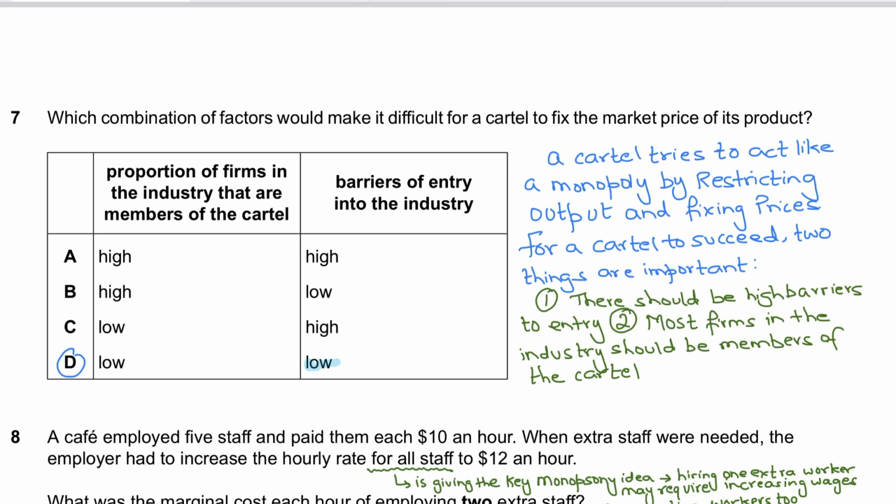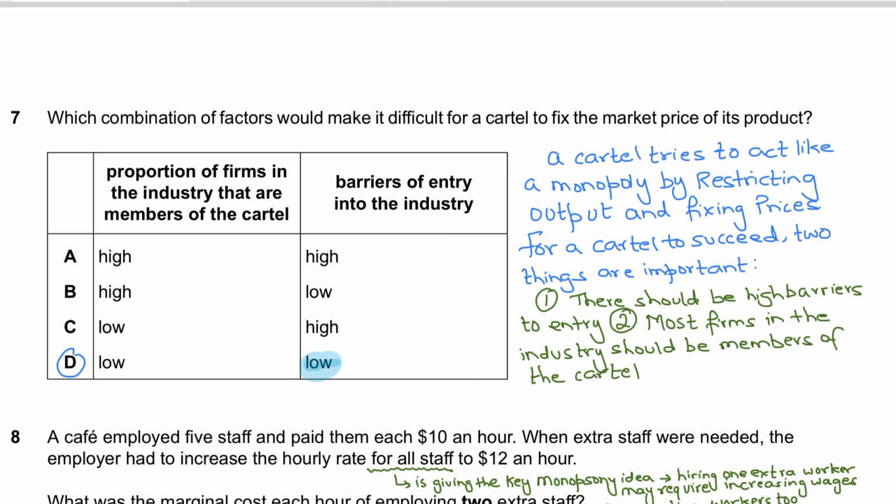And this weakens the cartel's control or dominance over the market price, which the cartel had set initially. So that is why the barriers to entry should be very high, and if they are low, it will make it very difficult for the cartel to fix the price, and not only fix it, but maintain and sustain that price.